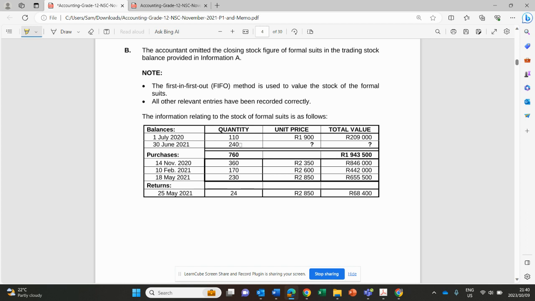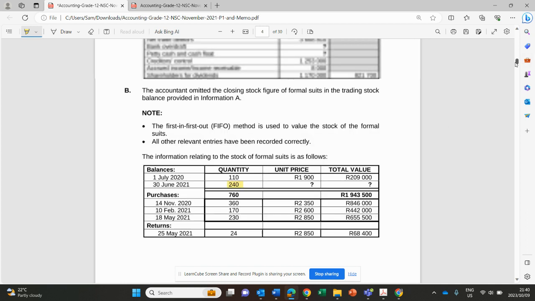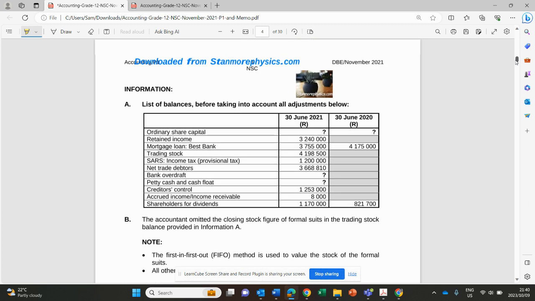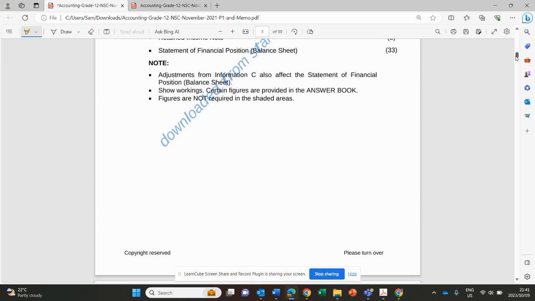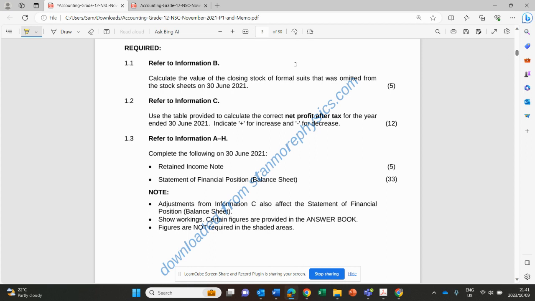So now we have the closing units here. Why? Because it's 30 June 2021. I emphasize that the year end of the company is 30 June 2021.